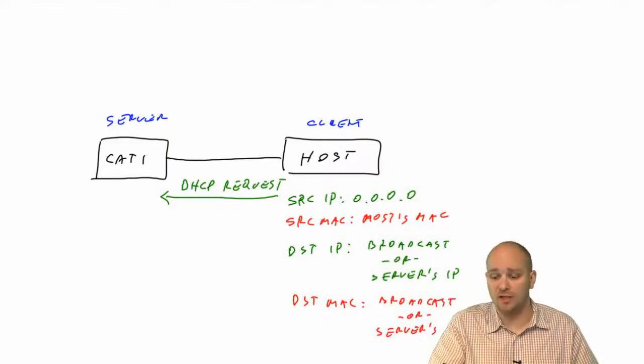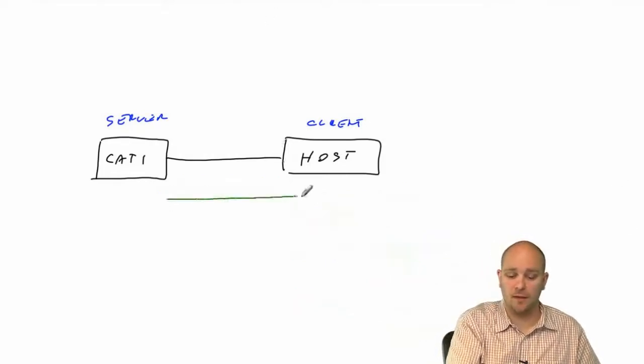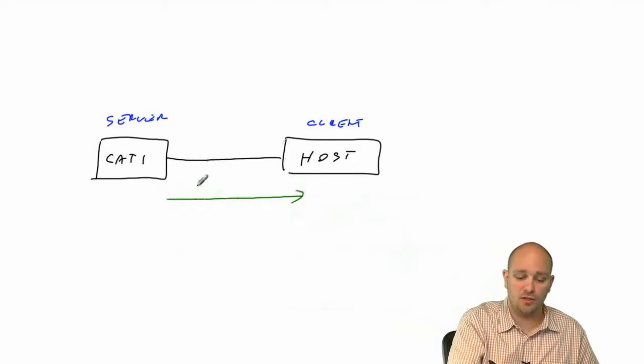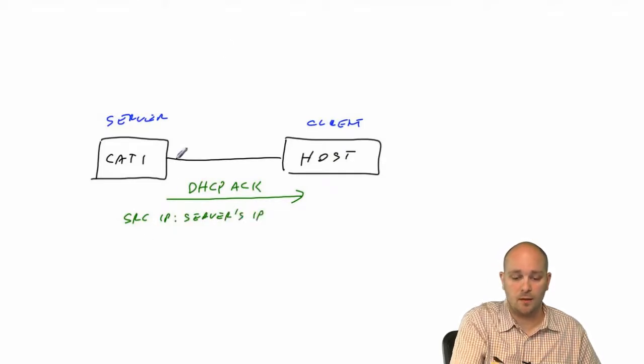And last but not least, there is going to be an acknowledgement. This is sent from the server, so this is going to be our DHCP ACK. The source IP is the server's IP address. Source MAC is going to be the server's MAC.